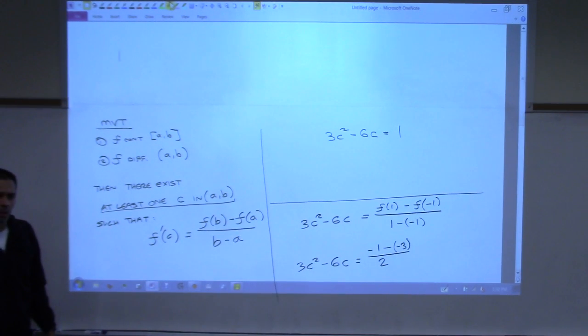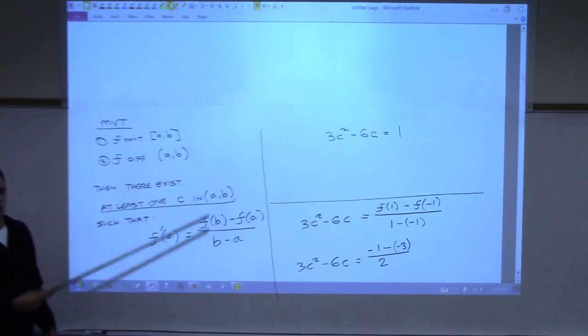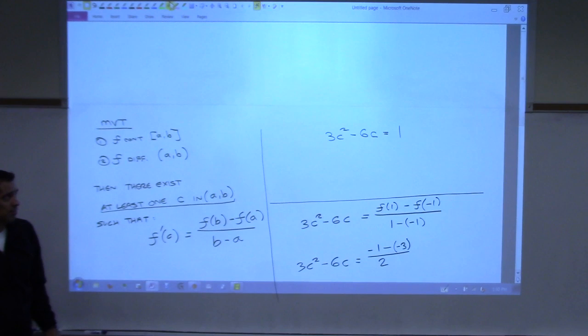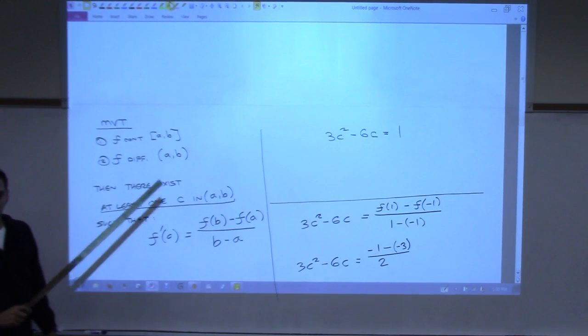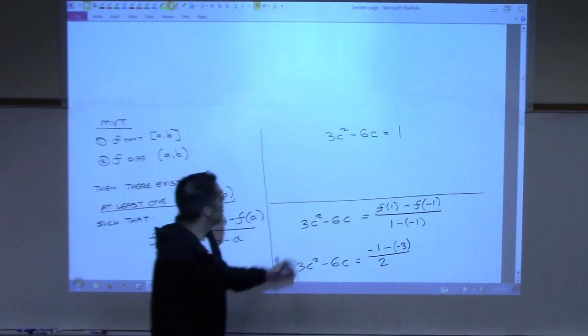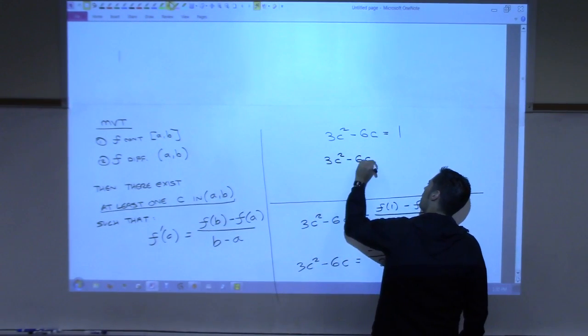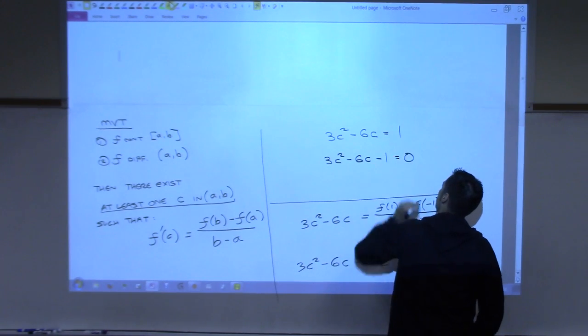Which means I need to figure out what c's will make that true. And that's just a quadratic equation, isn't it? Can you solve that for c? Yeah, so that's what we're going to do. I'm going to do 3c squared minus 6c minus 1 equals 0.